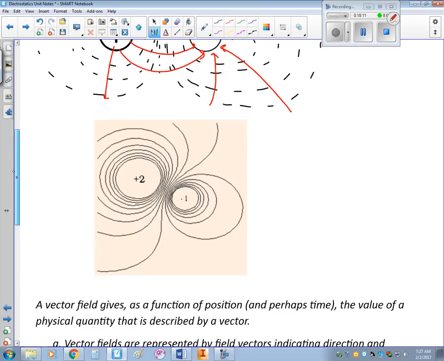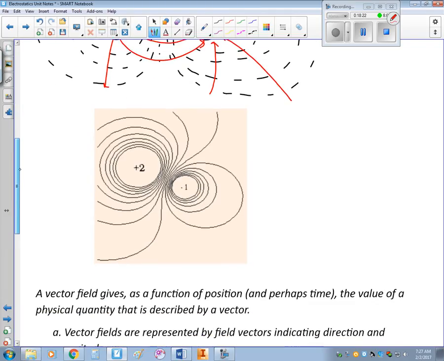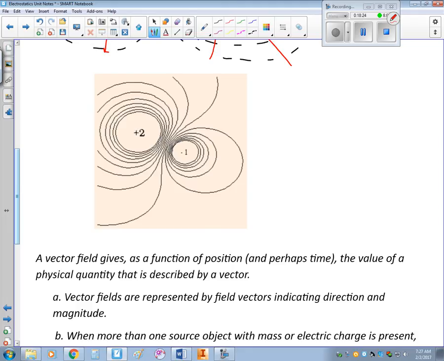Now this represents equal charges. So let's say this is plus 10 and this is minus 10 coulombs. If they're unequal, then the electric field is going to look a little different. And all you have to do is keep the electric field lines perpendicular to the equal potential lines.